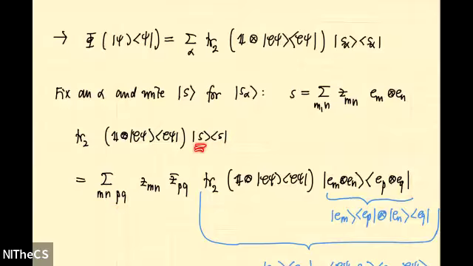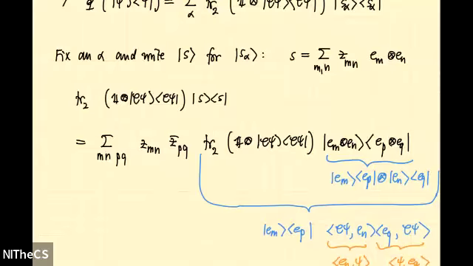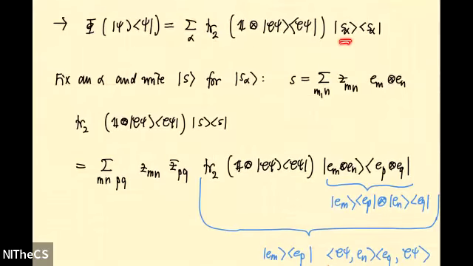For this guy, this is linear, so the z goes out without a problem. For this guy, if I take the bra, the z becomes a complex conjugate, and the index is the other index of the other sum. What stays in the sum is, instead of the S's, the E's for the ket and the other E's with indices p and q for the bra.